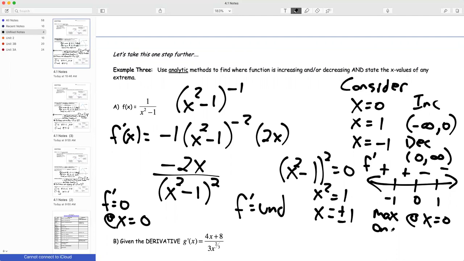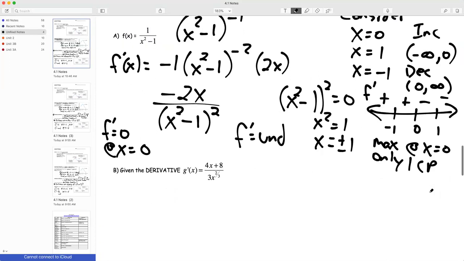There's only one critical point because x equals plus or minus 1 are not in the domain, because there's an asymptote in the original function.